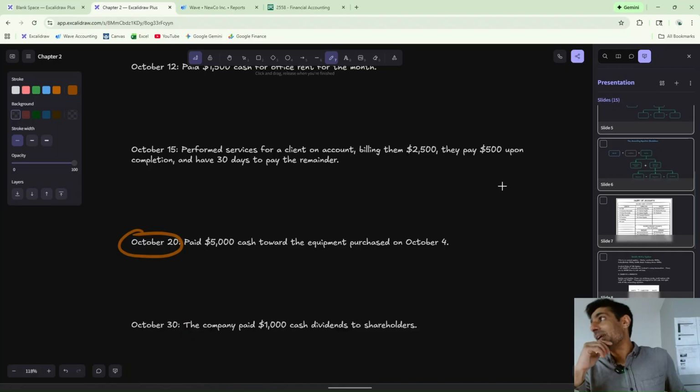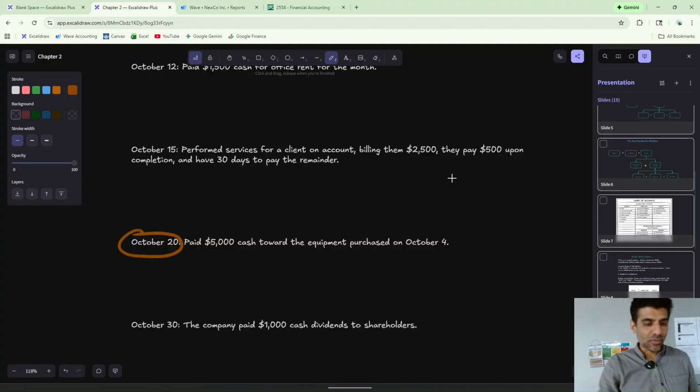Okay, why is it right? I agree with you. You owed that money, but now you're paying it off, so you owe less money to that person. So yes, it makes sense that that liability, accounts payable, is going to go down, so you should debit it.